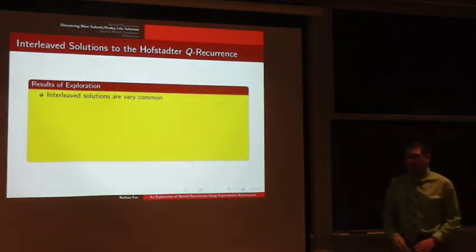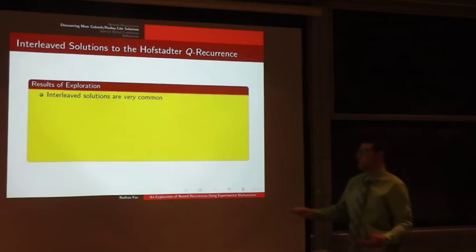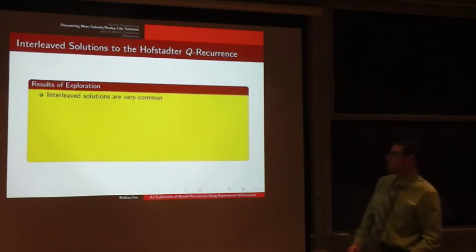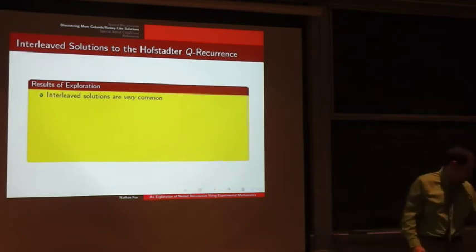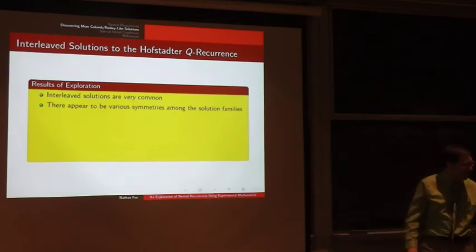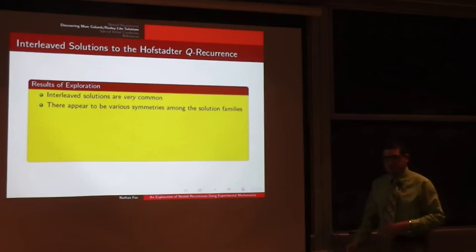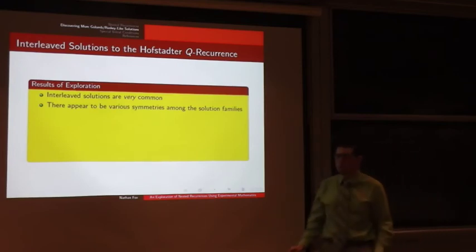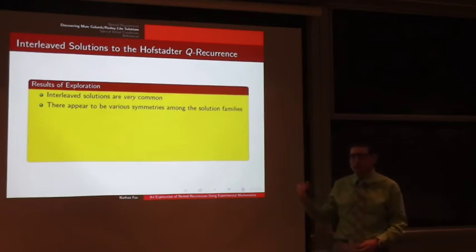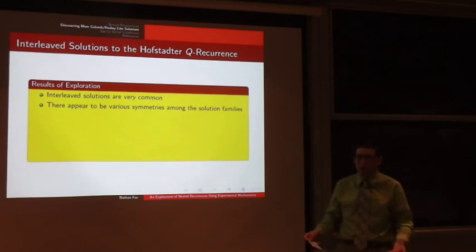Now just a couple final slides in this part to summarize some of our findings. These things are very common. We'll see how common they are soon. But there also are some symmetries among the solution families. There's one very obvious symmetry that I'm going to mention in a couple slides and mod out by when enumerating.